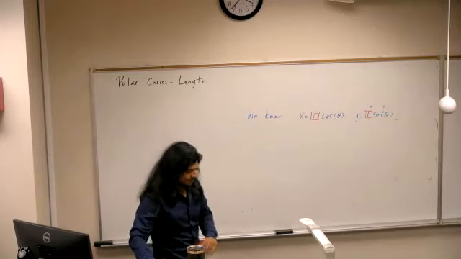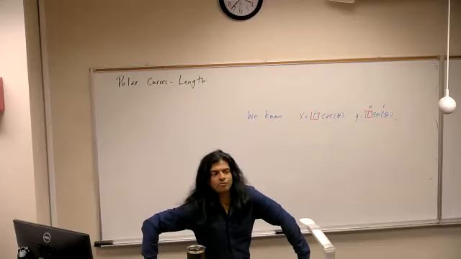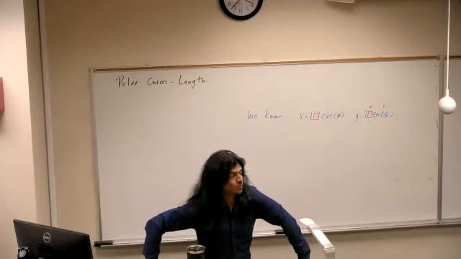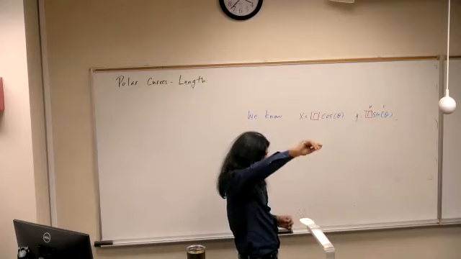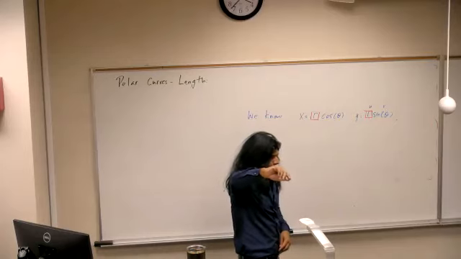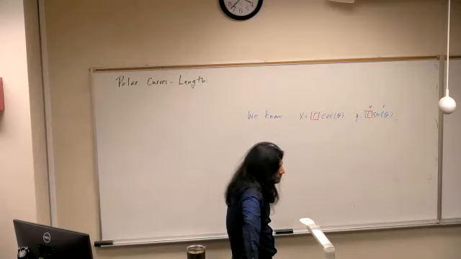Going back a long time ago, which is last week, when we did length of a geometric curve. What was that length? The integral of square root of dy over d theta squared plus 1.